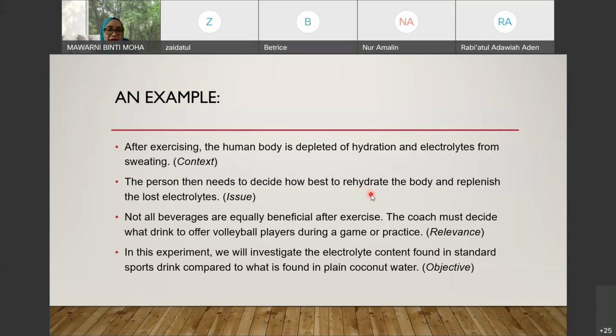How is it relevant? Because not all beverages are equally beneficial after exercise. The coach must decide what drink to offer volleyball players during a game or practice. So the objective here is that in this experiment, we will investigate the electrolyte content found in standard sports drinks compared to what is found in plain coconut water.